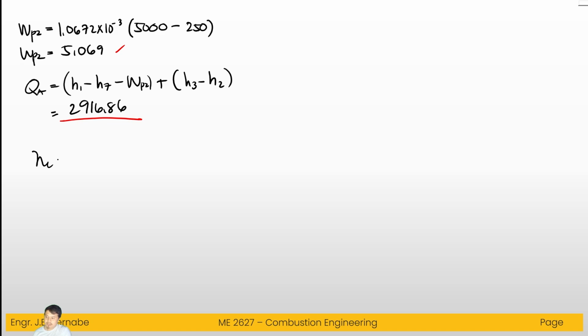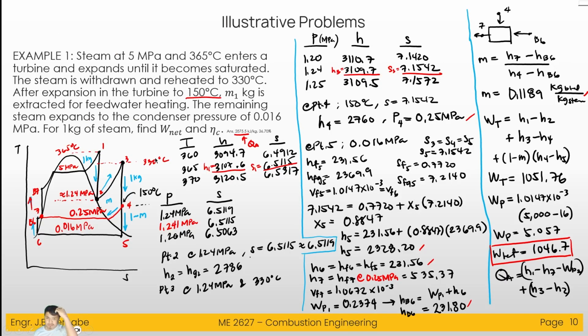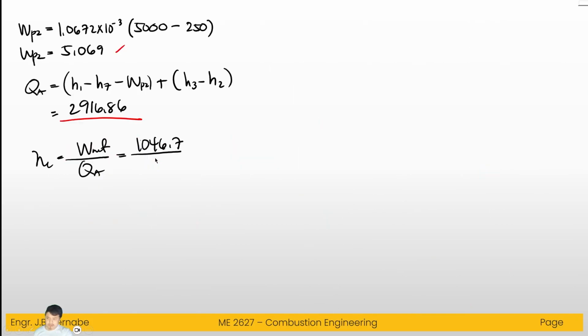To find the cycle efficiency, we have network over QA. The network is 1046.7 divided by QA. QA natin dito is 2916.86.